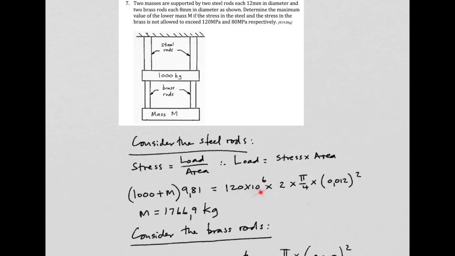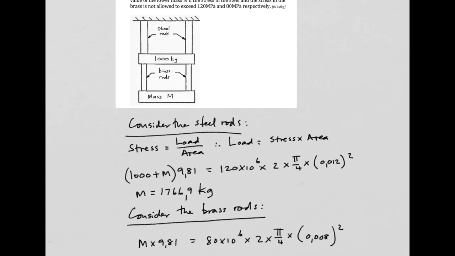And we're only allowed 120 megapascals in those steel rods. There are 2 of them. Each one has that cross-sectional area. So as far as the steel rods go, we can make mass M 1766.9 kilograms. That's this one down here. So that's half the design done.